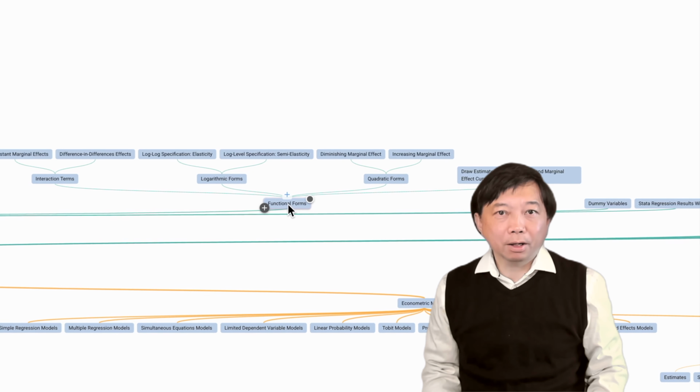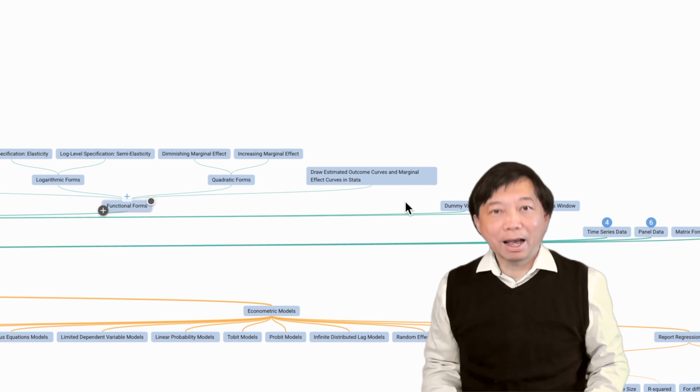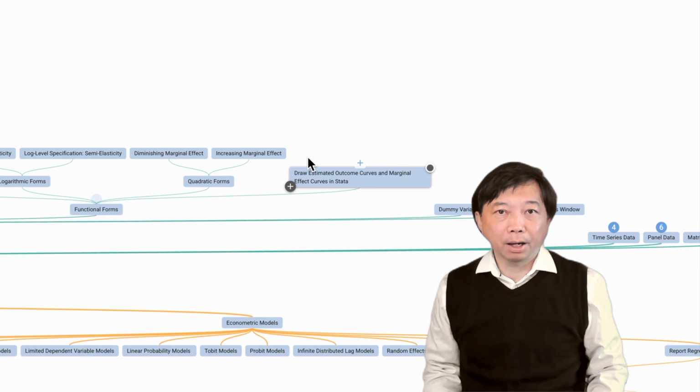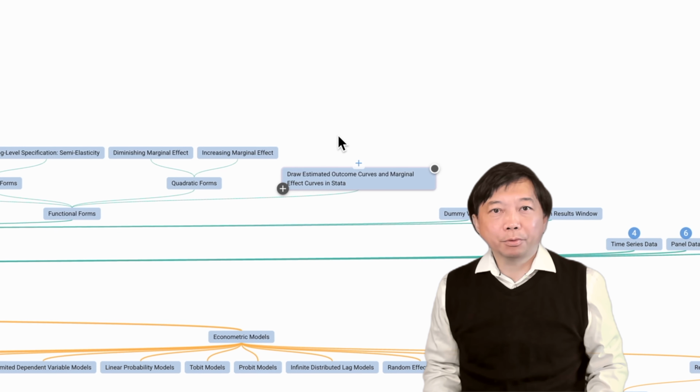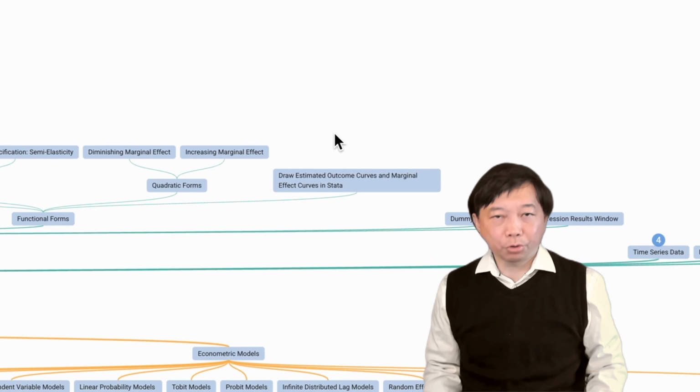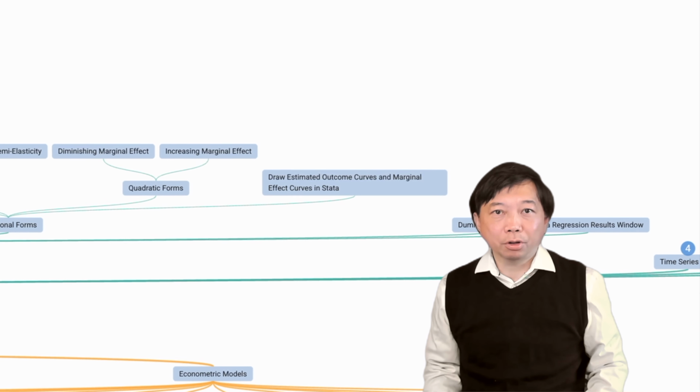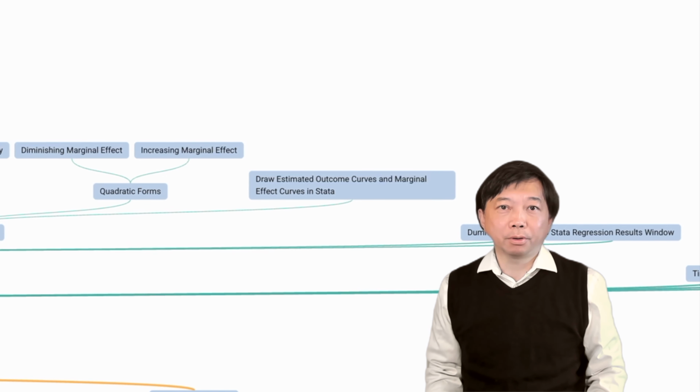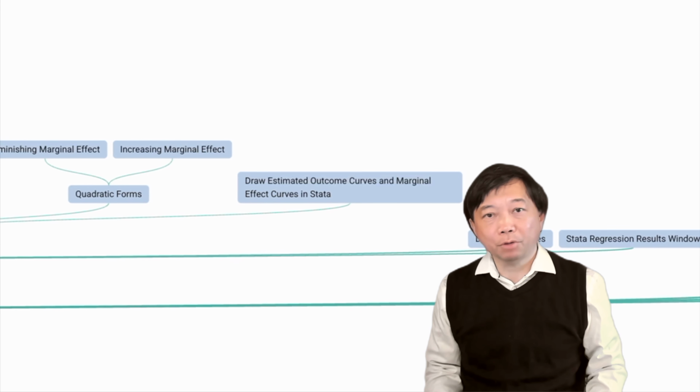Today, we have discussed how to draw the estimated outcome curves and the marginal effect curves when using the quadratic or interaction terms in the regression model to capture the non-constant marginal effects.